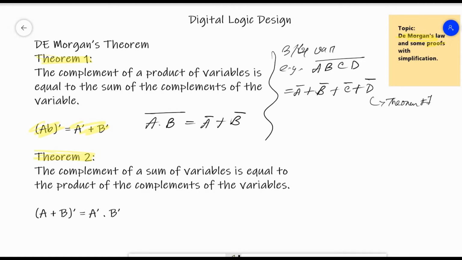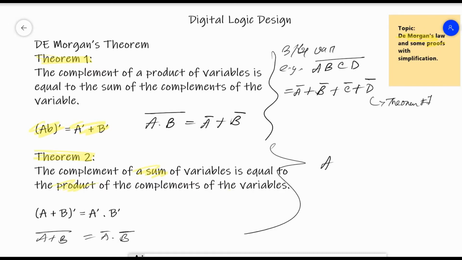It is said that the complement of a sum of variables is equal to the product of the complements of the variables. So it is written here like that, which we can rewrite as (a plus b) whole bar is equal to a bar dot b bar. Here it's multiplication and here it's summation. So we can also take multiple variables here for further explanation, 3, 4 or even more number of variables.